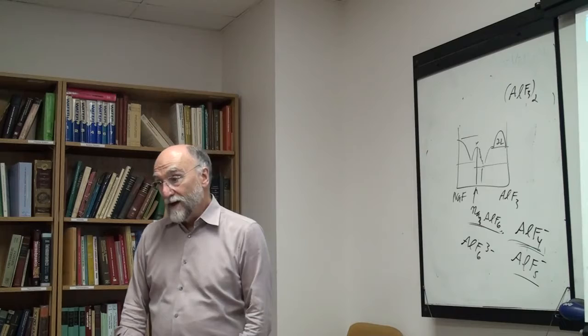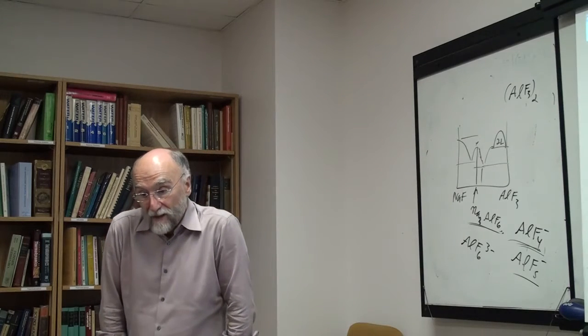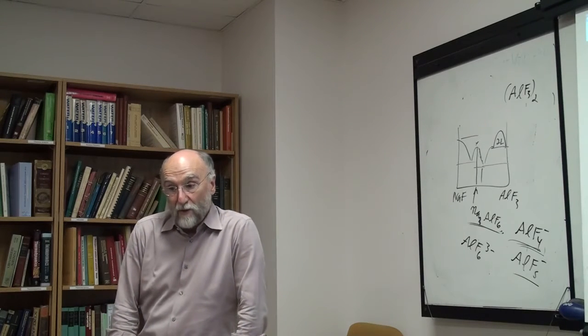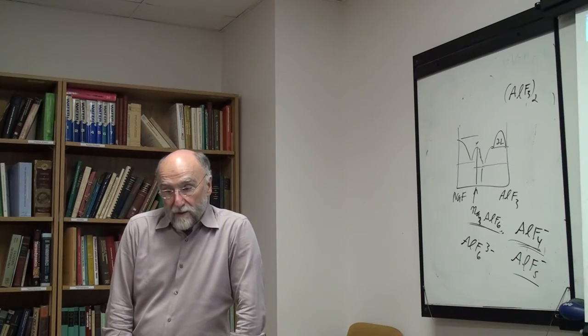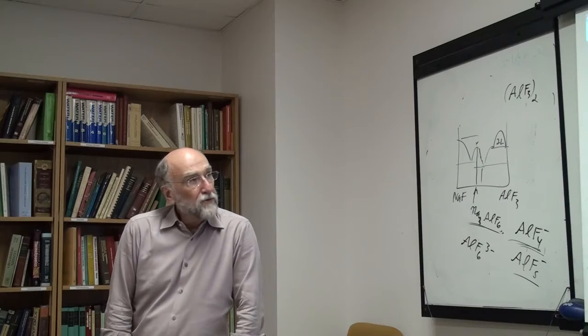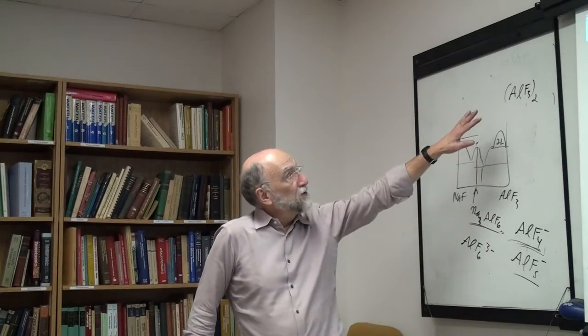So it's usually the fluorides and the chlorides where you really get the complexing. These are small anions. Big anions, truly complex anions like SO4 and NO3, don't have a tendency to complex. They tend to be quite close to ideal.